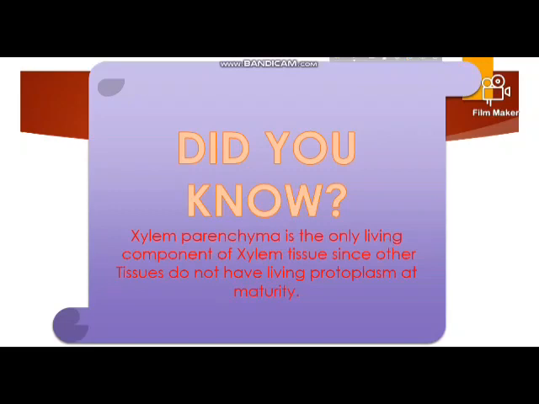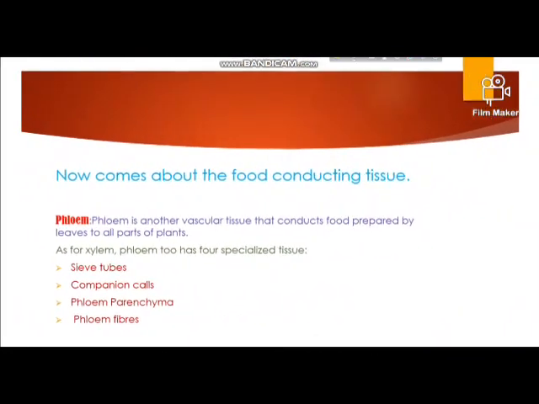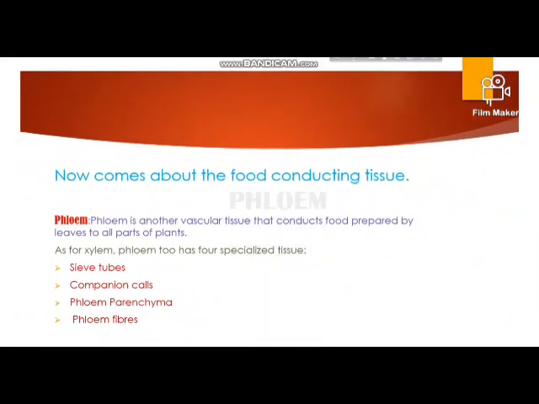Now, plants are absorbing water. What about the food? Yes, the food is conducted by a tissue, namely phloem. The phloem is another vascular tissue that conducts food prepared by the leaves to all parts of the plant body.